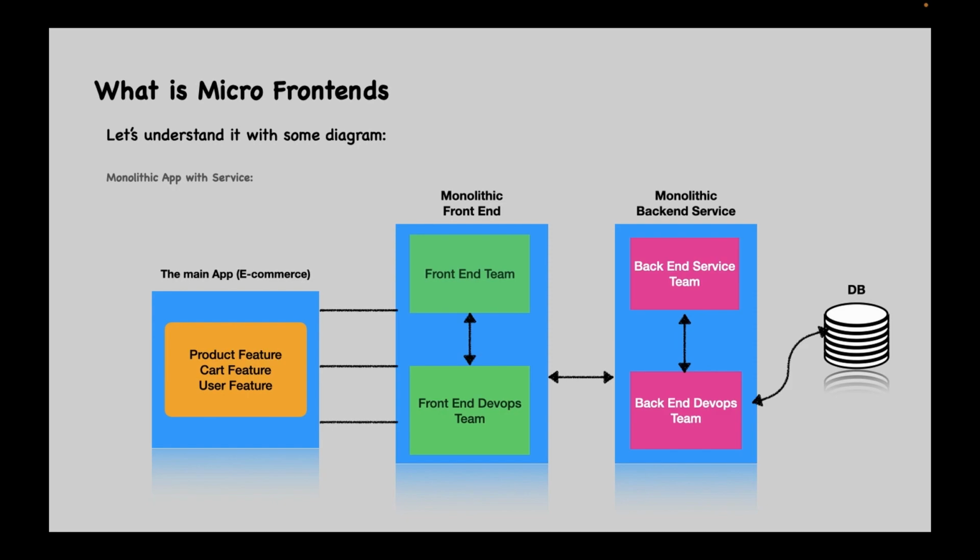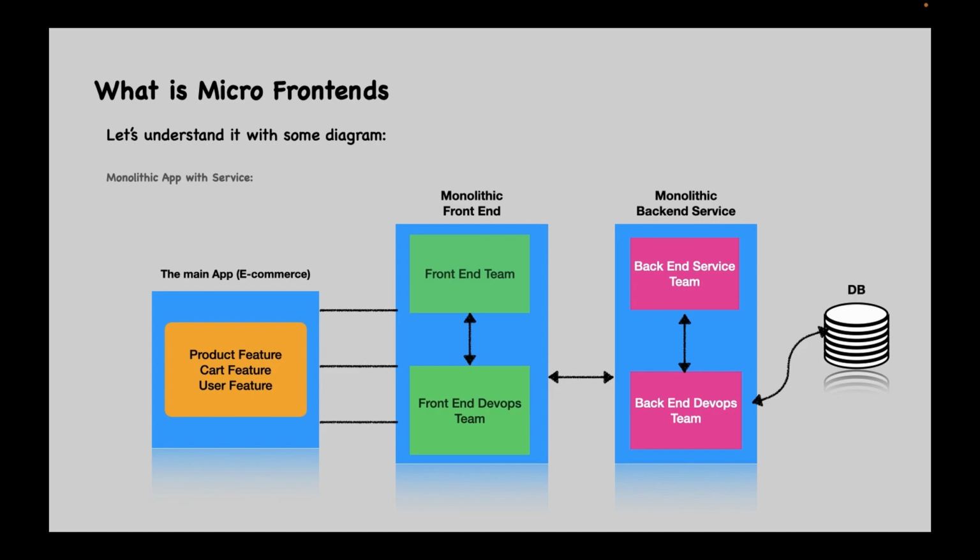For this kind of application, there will be a single front end and a single backend. That is the monolithic architecture, and that backend could be connected to a database or multiple databases. For now we are considering a single database, and that they have been deployed on a single server. So the front end has its own server and the backend has its own server, or maybe they are deployed on the same server.